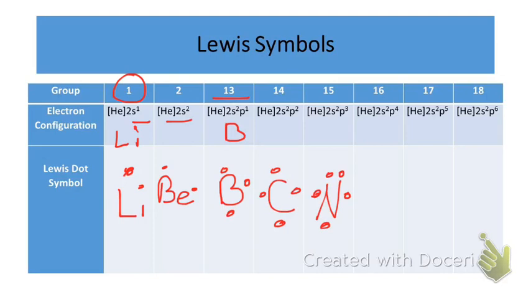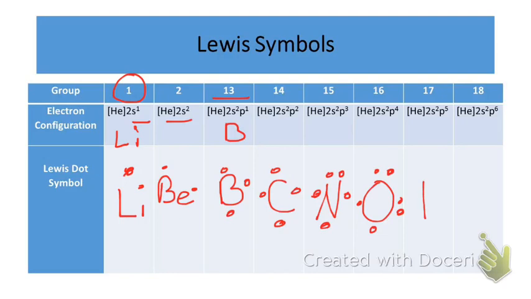Now let's go over to, from nitrogen, what do we have next? Oxygen. Oxygen has 6 valence electrons, so it's going to have 6 dots: 1, 2, 3, 4, 5, and 6. You kind of see how we're doing this.